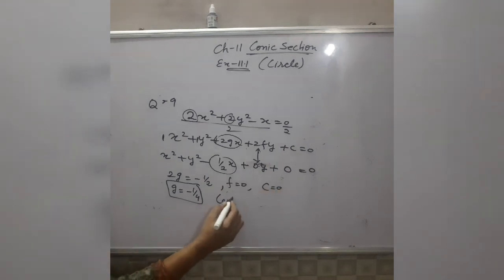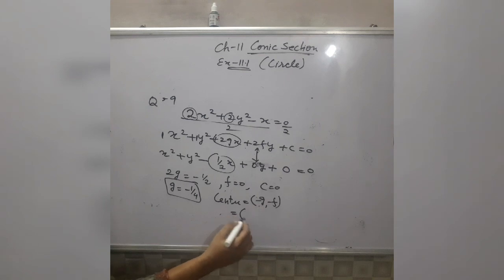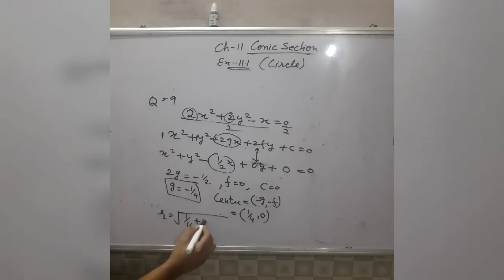So now what will be the center? The center is equal to minus g comma minus f. So minus of minus 1 by 4 becomes plus 1 by 4 comma 0, and the radius r is equal to root of g square plus f square minus c, so it is 1 by 4. So the radius is 1 by 4 and the center is 1 by 4 comma 0. So this is question number 9.